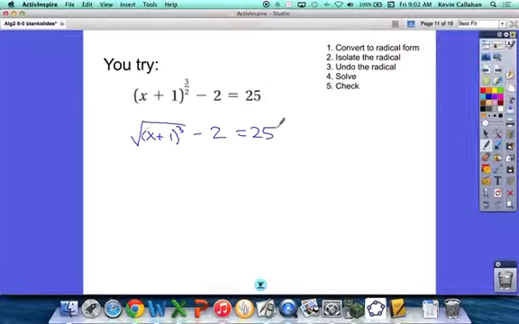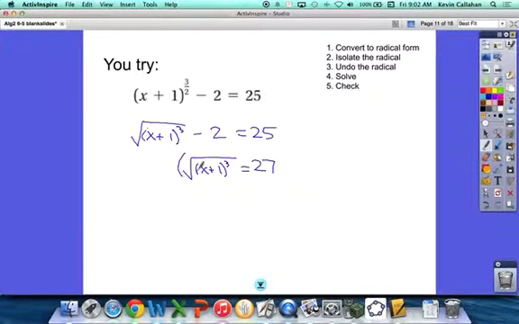We've got an answer. What did you do to undo this radical? Square both sides? Okay.